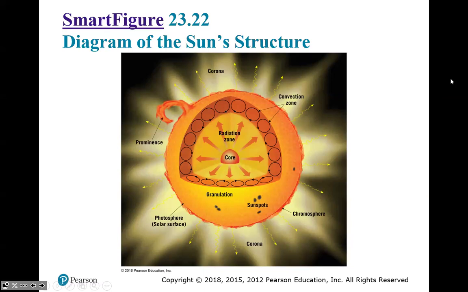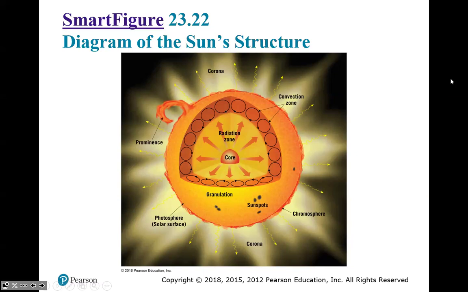And then the surface of the sun that we see is called the photosphere. Above that, in the atmosphere of the sun, is a layer called the chromosphere, which glows red because the gas in it is excited by the photosphere below it, by the magnetic field of the sun and other things.